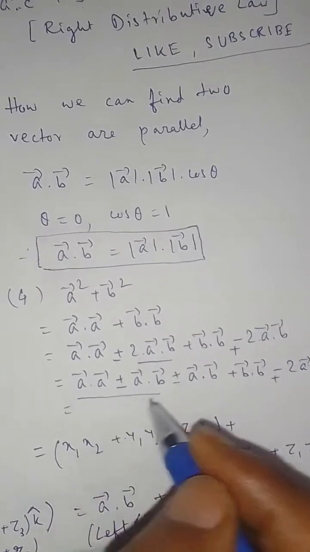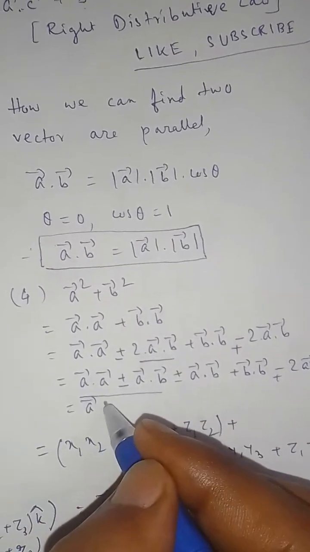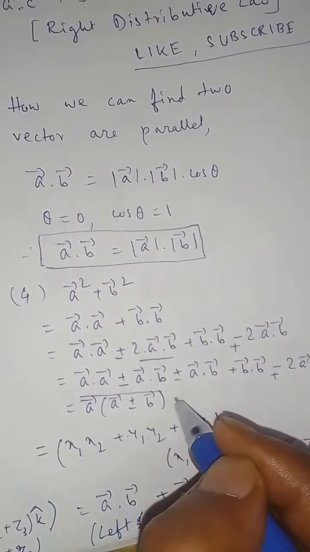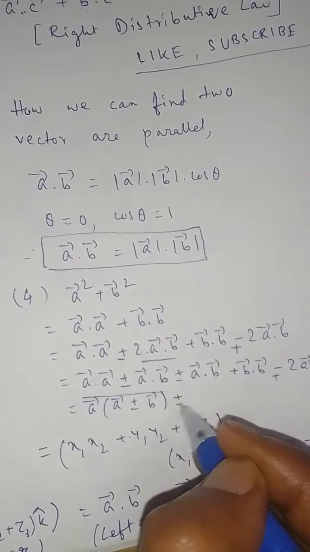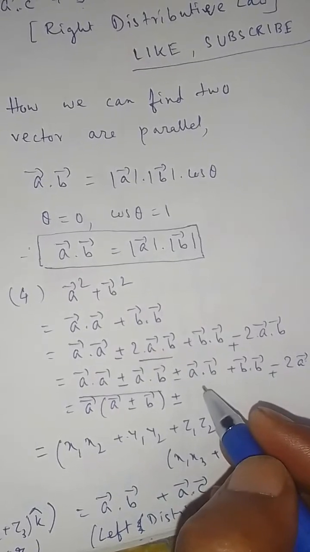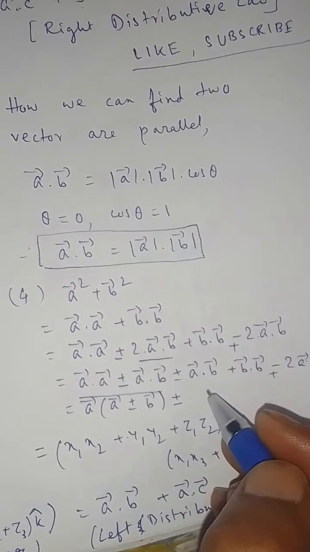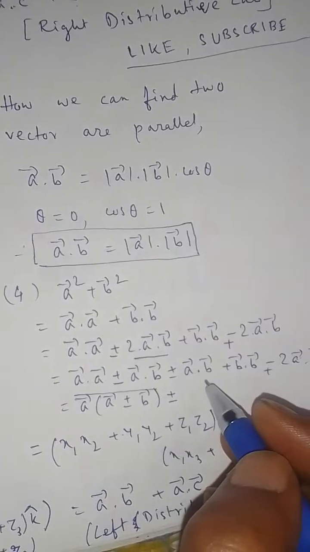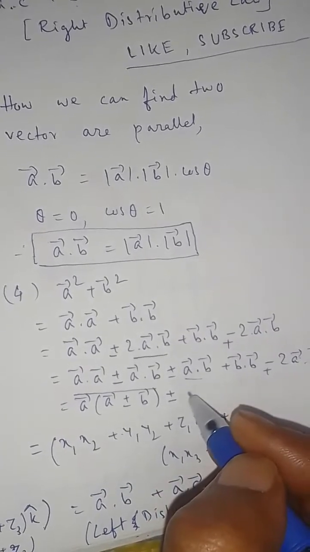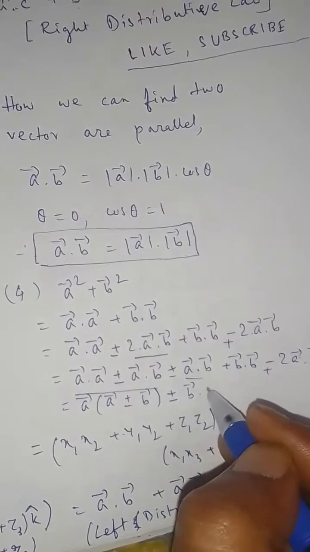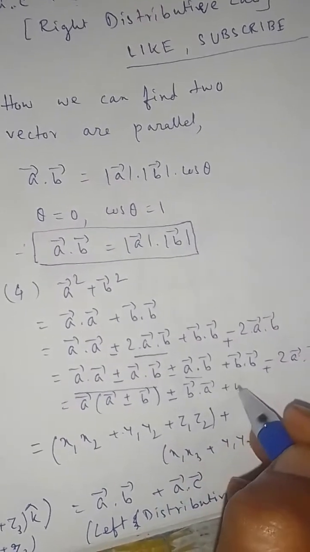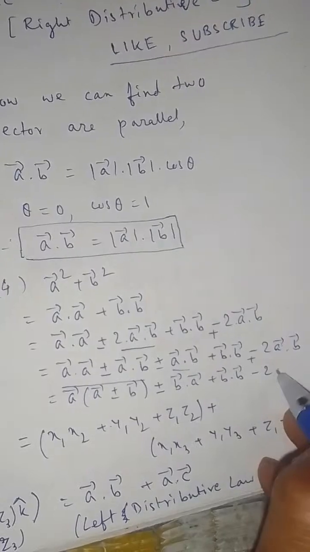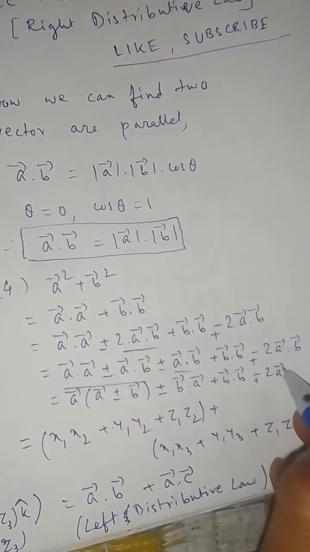We have a vector plus minus b vector, and we take the right distributive law, or we can use the commutative law. b vector multiply a vector plus minus b vector minus plus 2 a vector dot b vector.